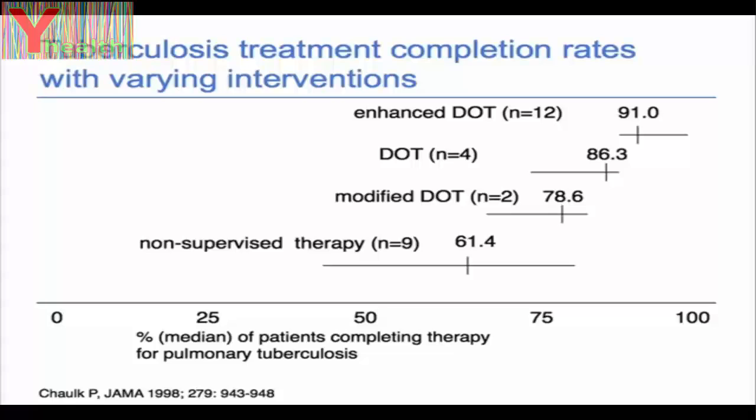Programs that use the fullest array of these services in directly observed therapy achieve the highest rates of treatment completion, reaching or exceeding 90% treatment completion rates, which really should be the goal in every TB control program.